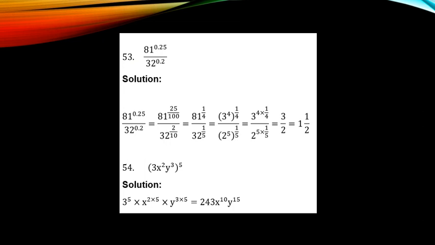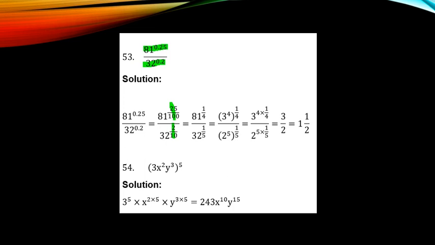Example 53. You have 81 power 0.25, 32 power 0.2. The powers are decimals. We need to convert them to common fractions. So 0.25 is written as 25 over 100. 0.2 is written as 2 over 10.